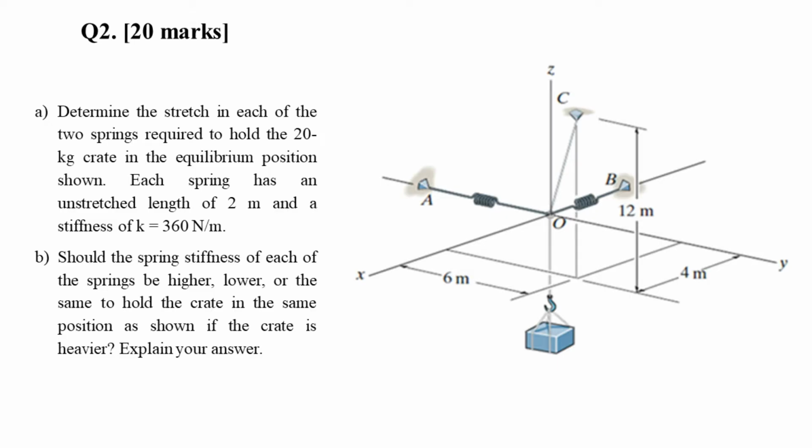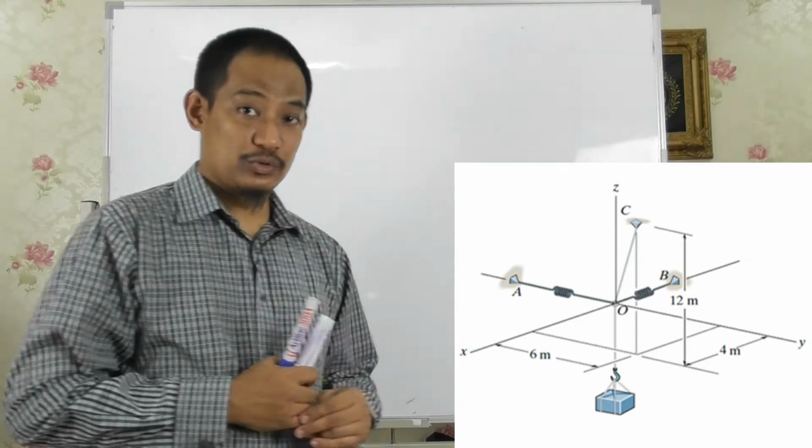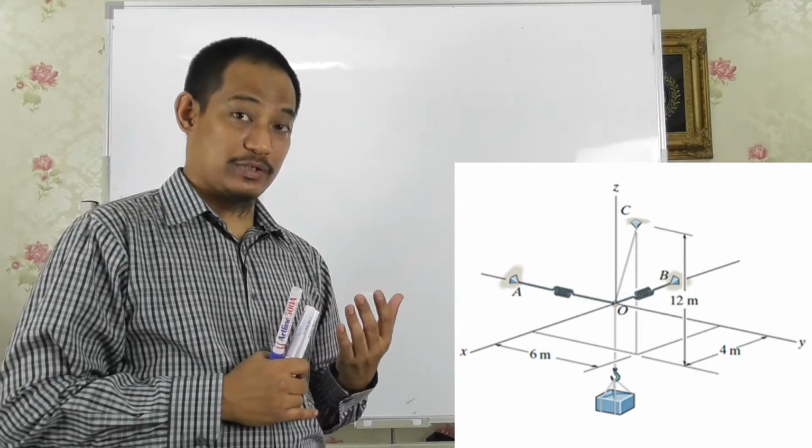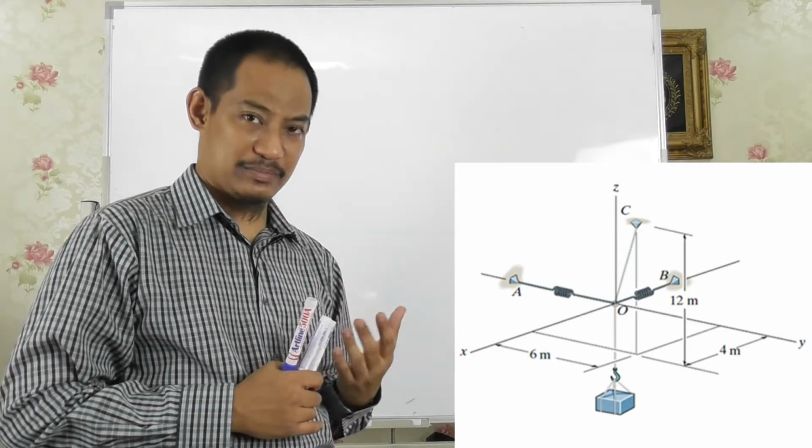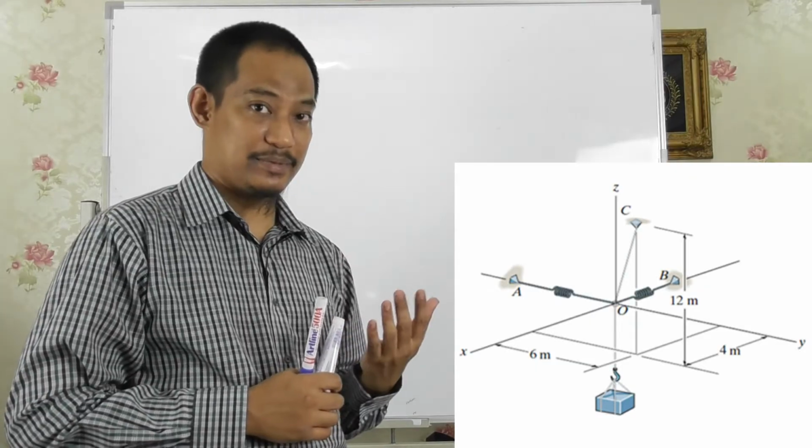And part B, should the spring stiffness of each of the springs be higher, lower or the same to hold the crate in the same position as shown if the crate is heavier? Explain your answer. So part A is basically calculation based and part B is just understanding based, right?